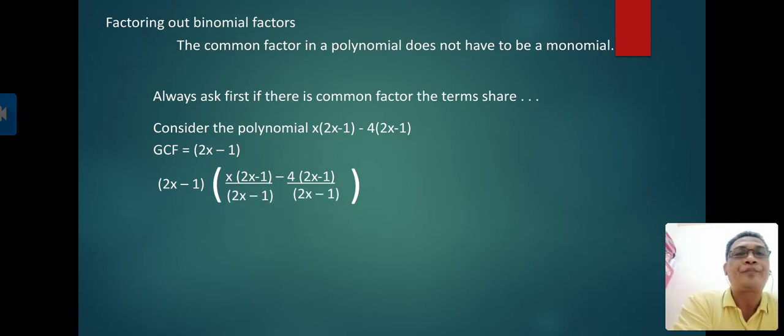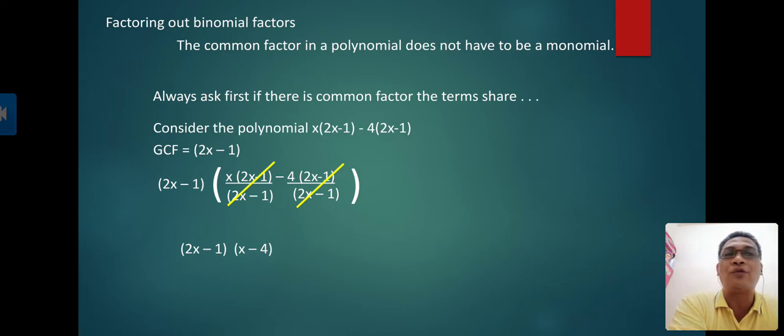So 2x - 1 on the first term can be cancelled out, and 2x - 1 on the second term can also be cancelled out. So what do we have here? We have (2x - 1)(x - 4). That will be the factored form of x(2x - 1) - 4(2x - 1).